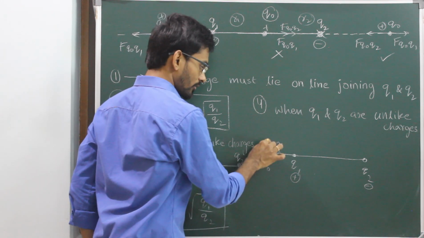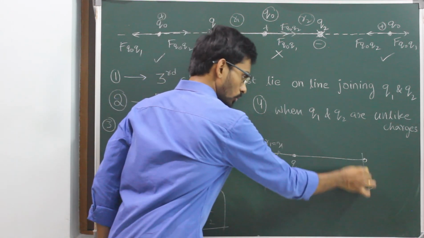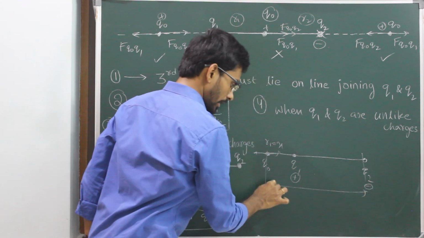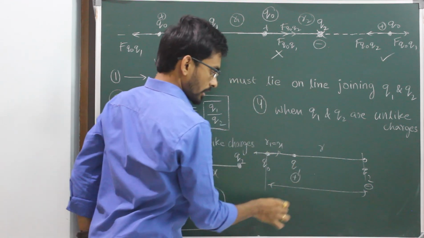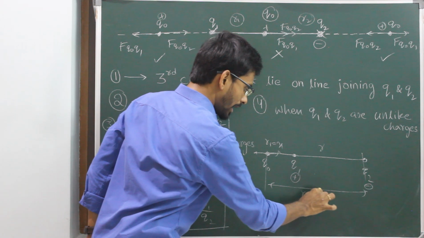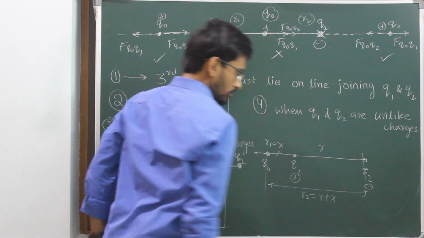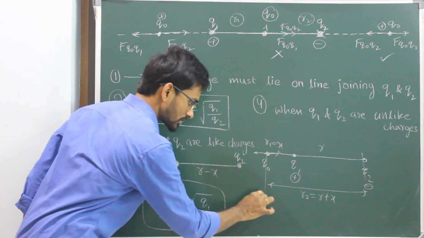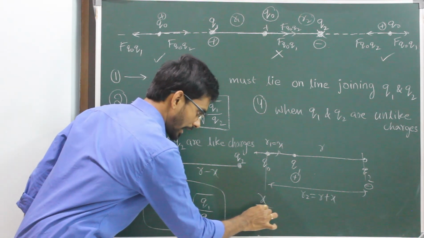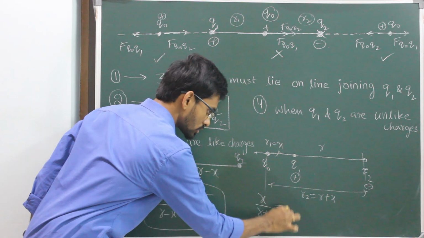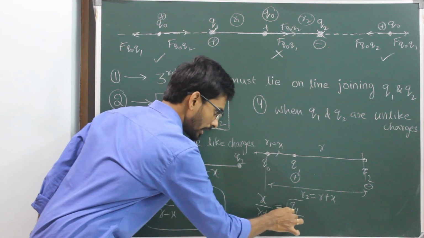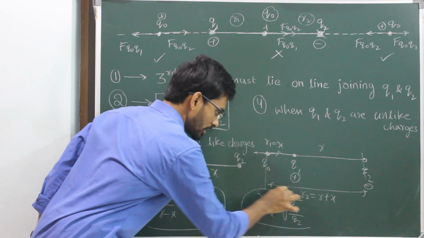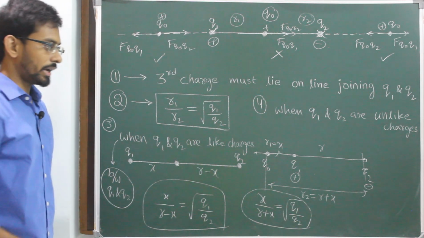So now r1 will be x and r2 will be r plus x. Now we can apply the second condition, that is r1 by r2, that is x by r plus x, equals under root of q1 by q2. So from here you can find the value of x.